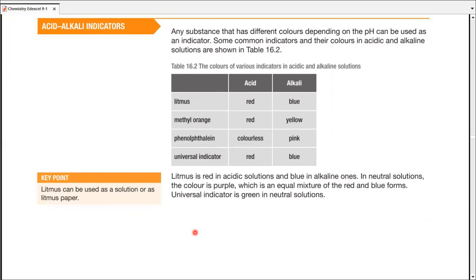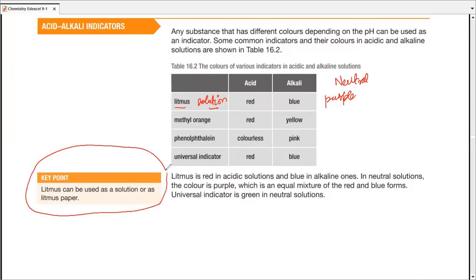Now, starting off with litmus, I intentionally wrote solution because I was giving a neutral color, which was purple or violet in this case. Since I was talking about a neutral color, it is specifically solution, but the key point gives you the idea that it can be used as a solution or it can be used as a paper.